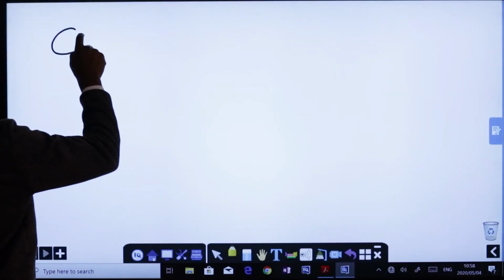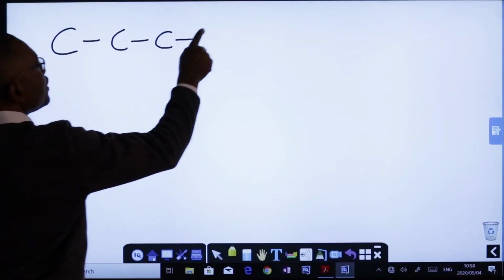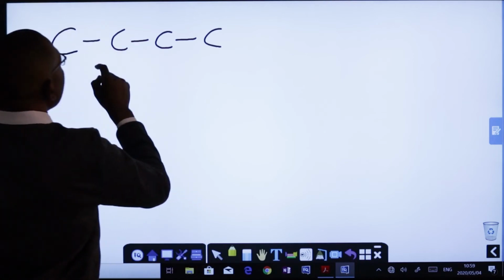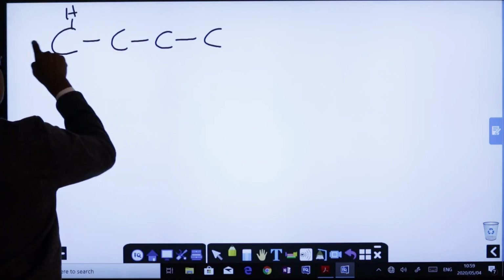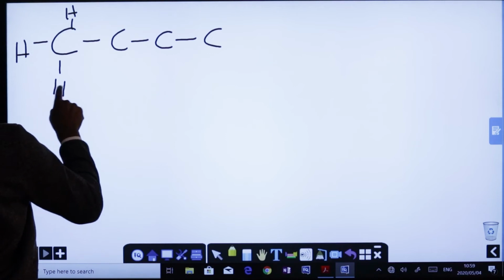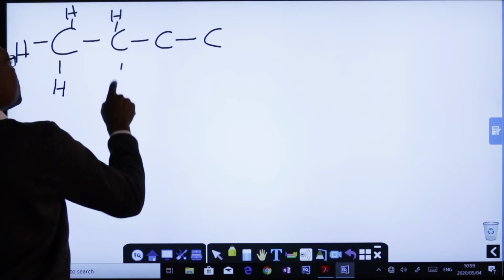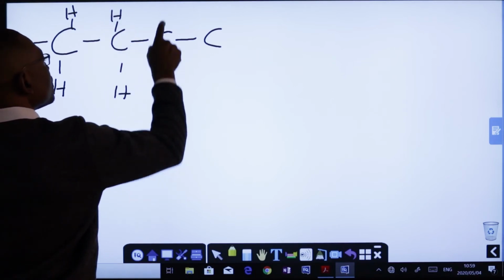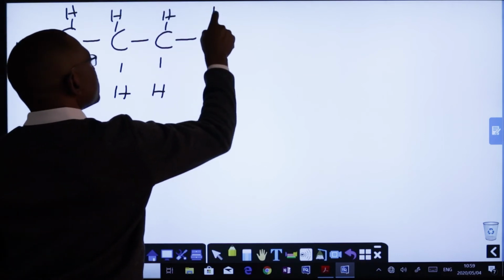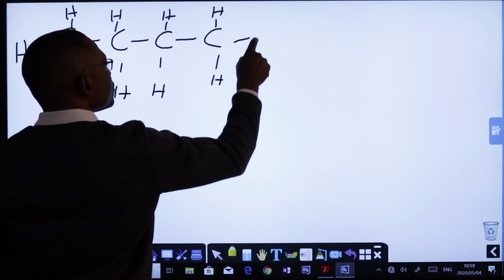So our butane has 4 carbons in its chain like this. If we are to see how the hydrogens are arranged there, it's going to be like that, like that, and that.